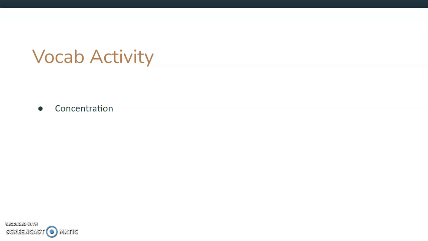So the first word we're going to learn about is concentration. Sometimes people use the word concentration to mean that we're concentrating, which is another root word of it. But concentration is the amount of something in a specific area. If I would say something is very concentrated, there's a lot of whatever it is in that area.